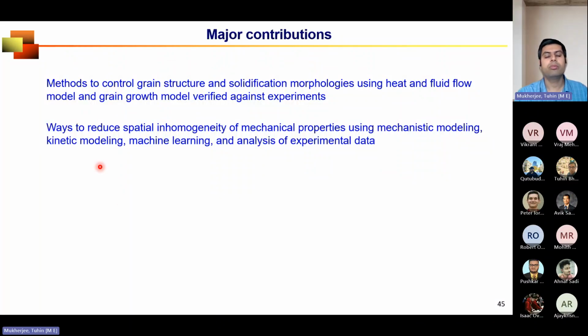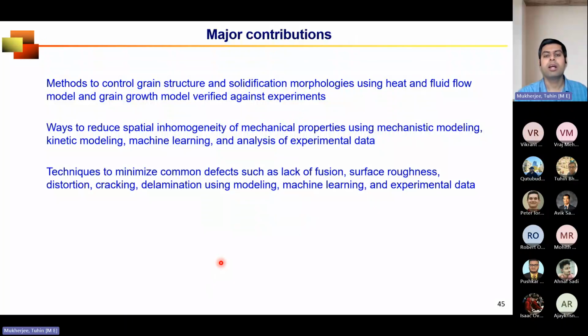We want to provide some detailed insight on this area. Third thing is understanding the physics behind common defects like lack of fusion, surface roughness, cracking. Some of these things I have presented, but this is an ongoing thing because many things we do not understand, and there are thousands of materials, thousands of processing conditions. There are a lot to explore.